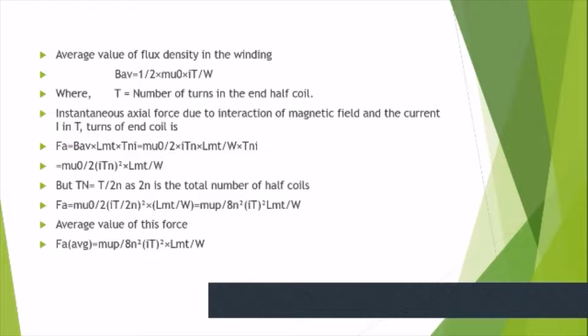FA average is equal to mu upon 8n square IT square LMT upon W. It is the final equation for axial forces.